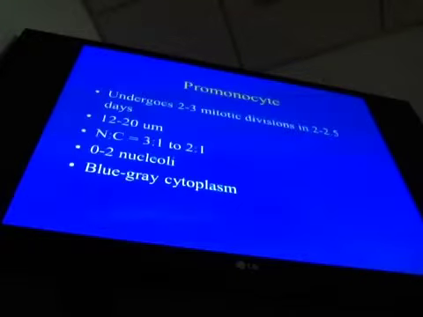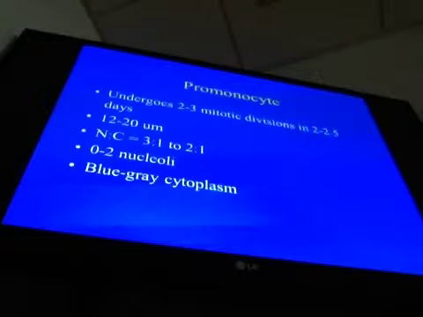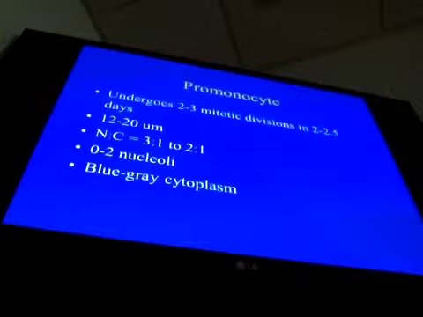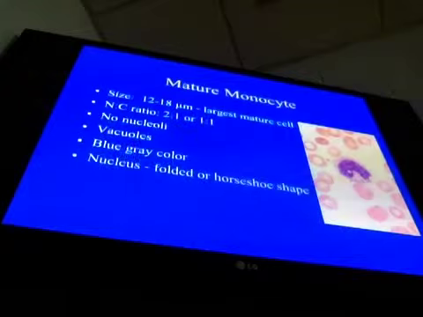You may see nucleoli, but you might not see any, so that in this case is not a differentiating factor. The cytoplasm is a blue-gray cytoplasm, so really it's just the amount of nucleus to cytoplasm that really will tell the difference, and it's very typical that you'd have to have both a myeloblast and a promonocyte to look at, so you could differentiate between the two.